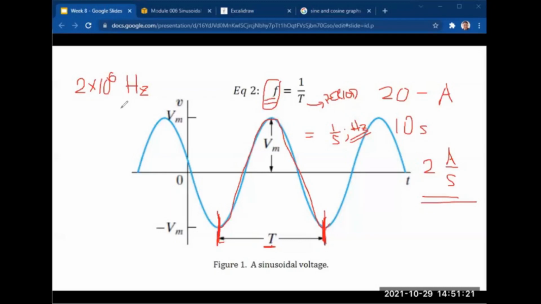Our power source, which is what we're actually trying to deal with here. Our household power source in the Philippines is 220 volts, 60 hertz. So the frequency of our power source is 60 hertz, meaning it can complete 60 cycles in 1 second. So that's what frequency means.